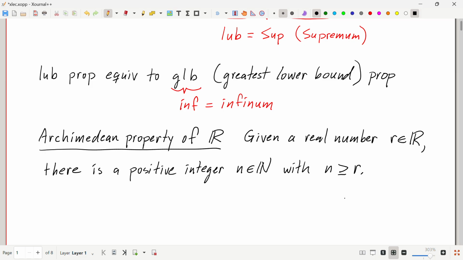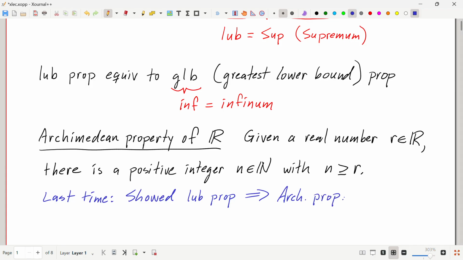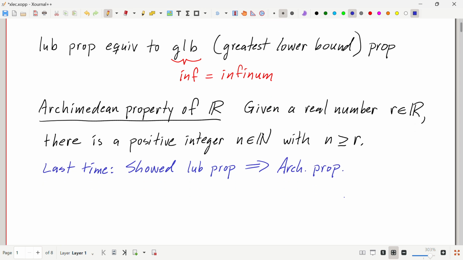And last time I showed that the LUB property implies the Archimedean property. And the Archimedean property is sort of related to the fact that there's no biggest positive integer.